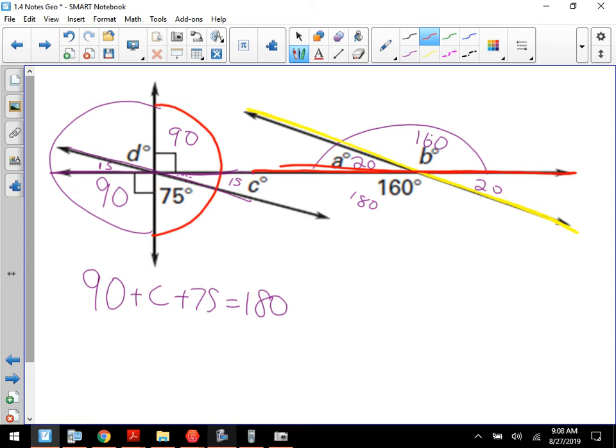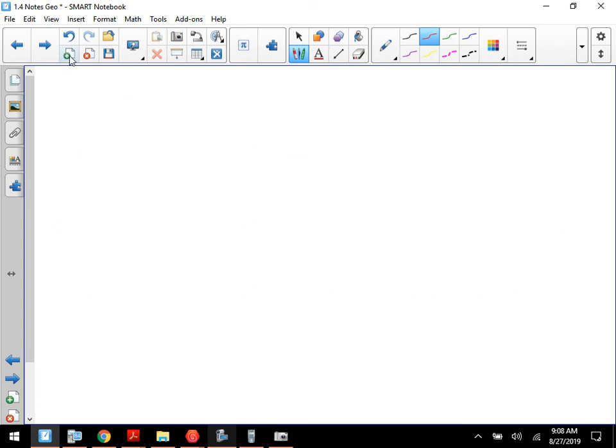All right. And the ones right below that, it says, given that XZ bisects. This is a new term. What do you think an angle bisector does? Cuts it in half, exactly.